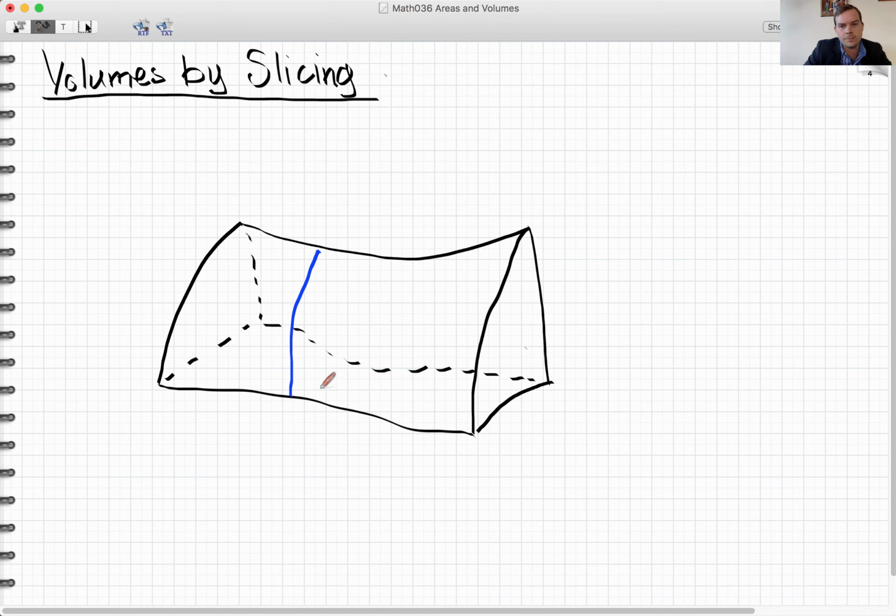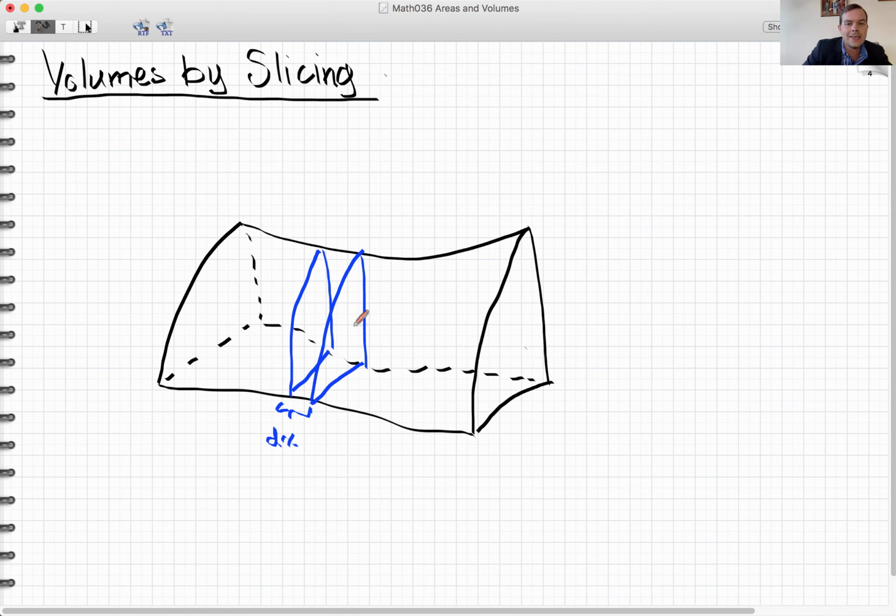Let's say this is a very misshapen piece of bread, and I cut it with a knife, but I want a really thin slice. By thin, I mean that the width of the slice is a little differential chunk of length, which I call dx.